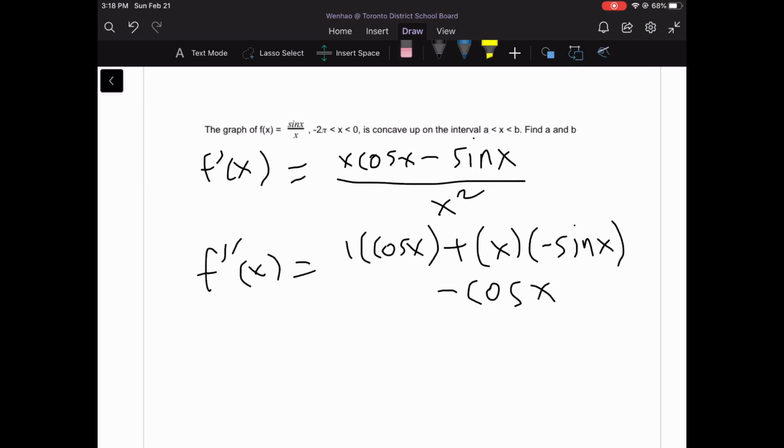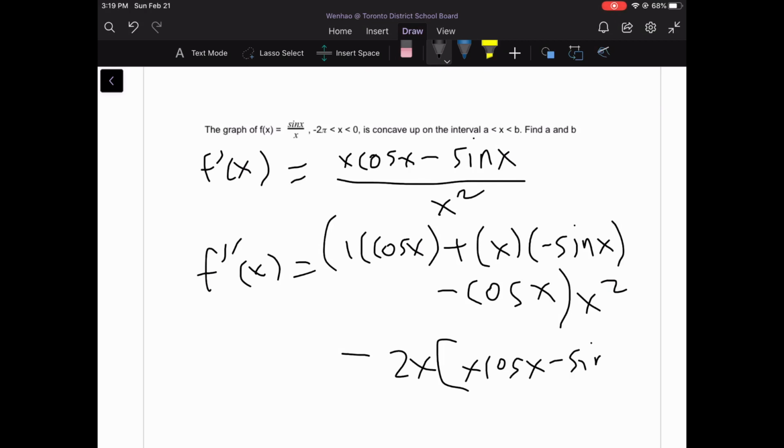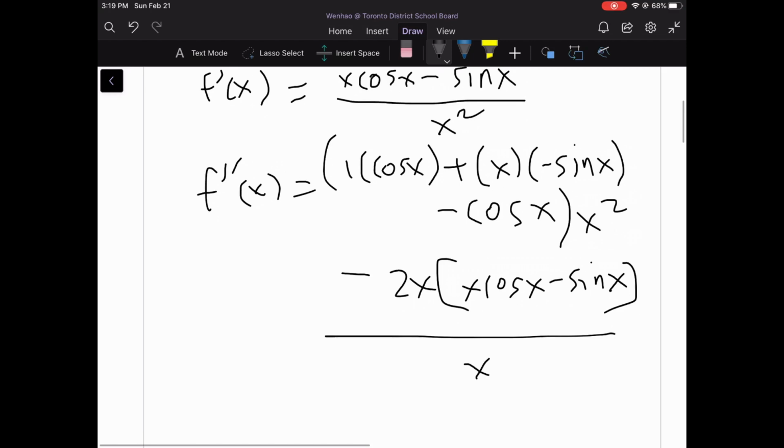And this needs to be multiplied by x squared, and then I need to subtract the derivative of the bottom times the top, x cos x minus sine x, and the whole thing over x to the power of 4.